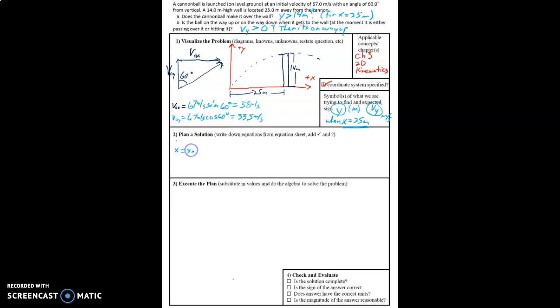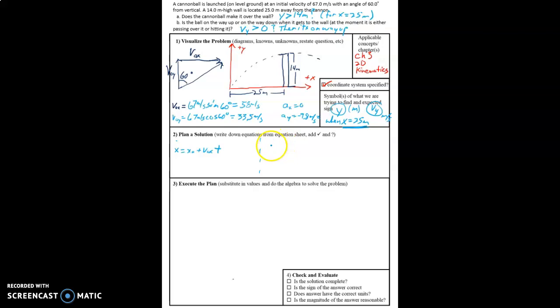X equals x naught plus v naught x t. We don't need to write the rest of it because we know that a sub x is equal to 0. I'll write that up here. And that's going to allow us to solve for the time.